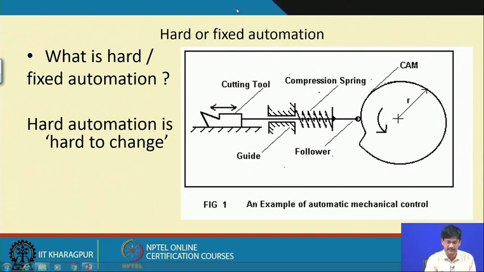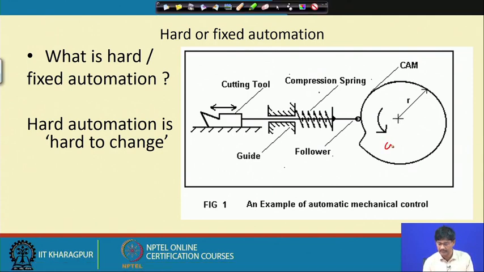Uniform circular motion basically means here omega is constant. So, if omega is constant, the velocity will be constant for the cutting tool. That means the feed forward motion will be at a constant rate. The moment this point comes after rotation, the tool will be rapidly retracted under the effect of this compression spring.